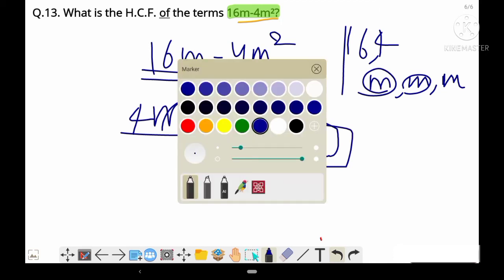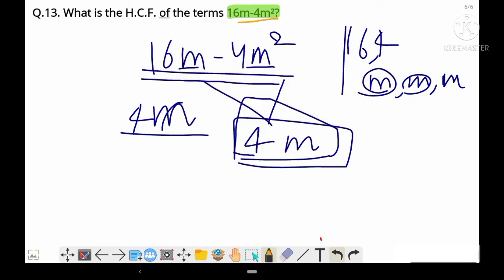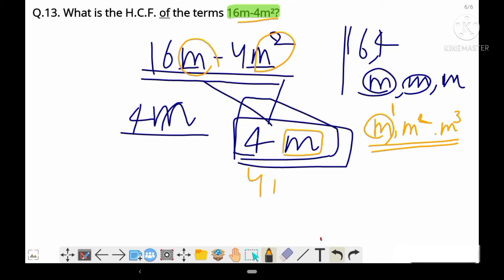And one more thing, if you get confused in taking a variable as common, do one thing: like this is m square, and here if you get m cube, just see which variable is having the least power. If it is m and m square, take m. If it is m square and m cube, you need to take the common, so take m square.